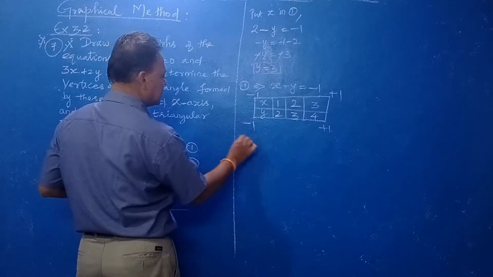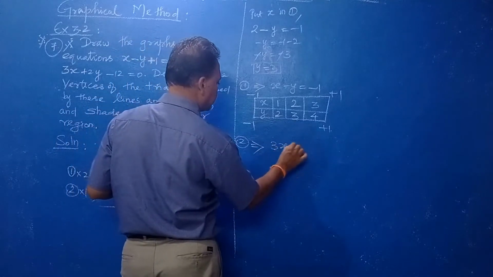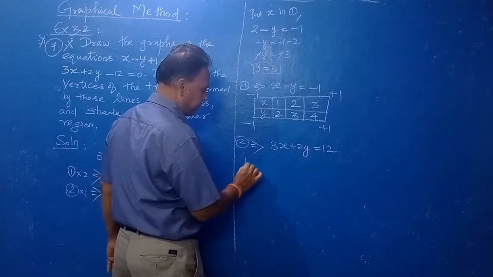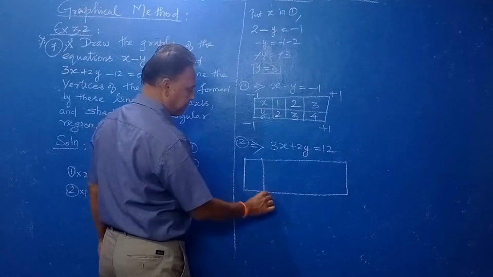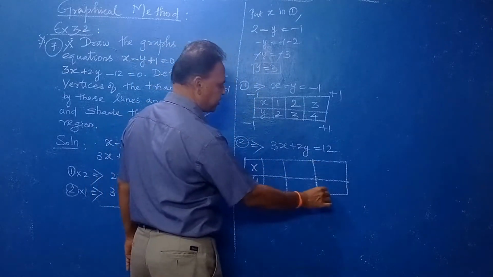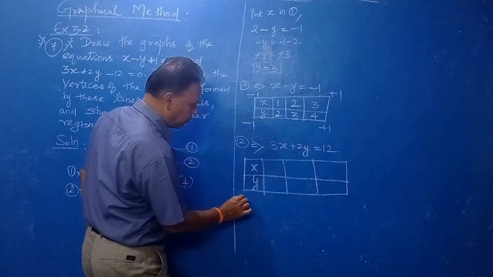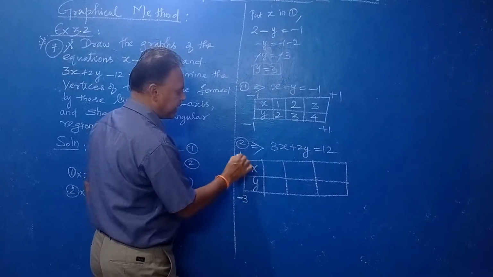Second equation, 3x plus 2y equals 12. This is a very simple way, you never make a mistake. Here the x coefficient is 3, so below you write it with the sign changed. The y coefficient you write above as it is.